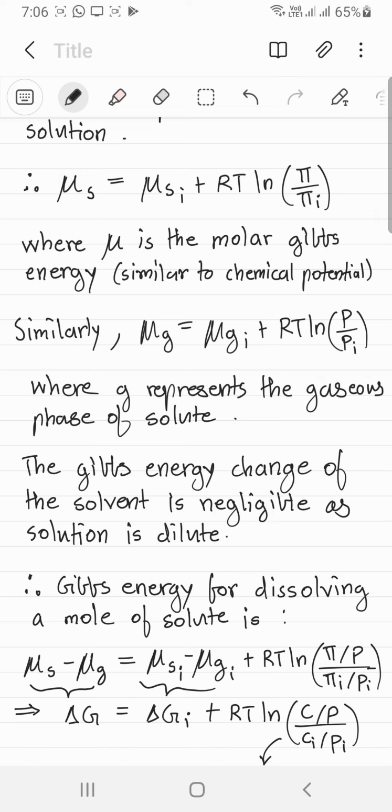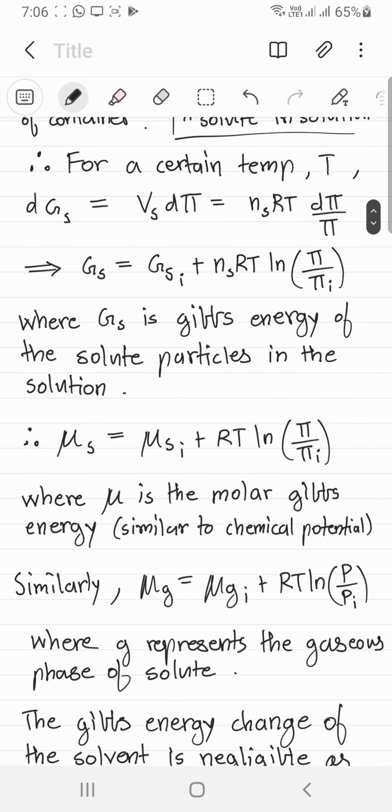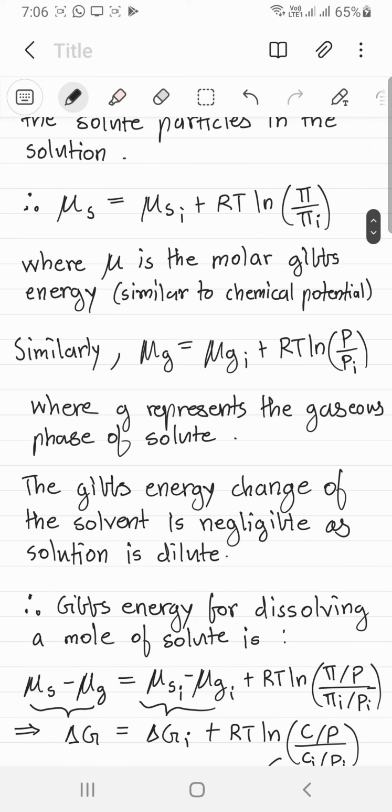For an actual ideal gas, this equation is of course true because we considered this to be an ideal gas and then made this equation work. Similarly, for the gaseous phase of this substance, so there's a dissolved phase and there's a gaseous phase, for the gaseous phase as well, you have this.